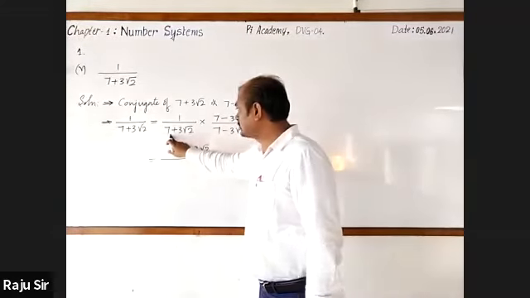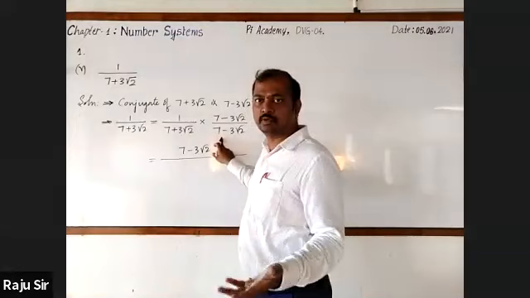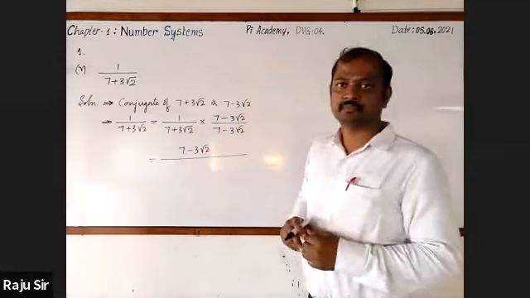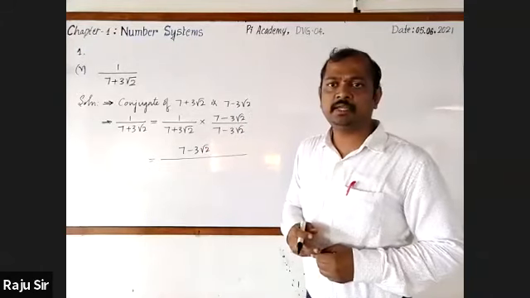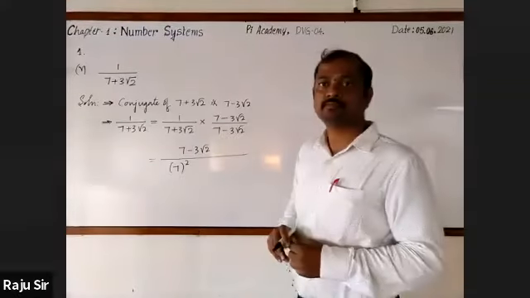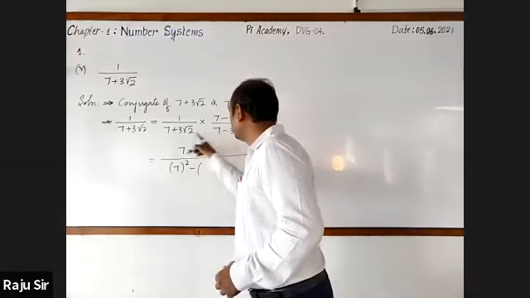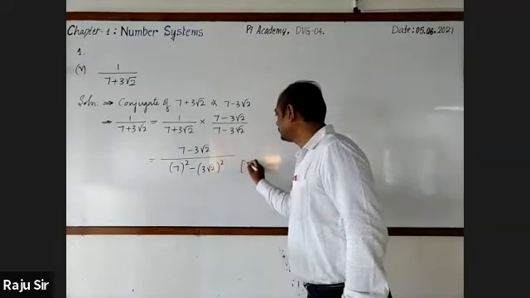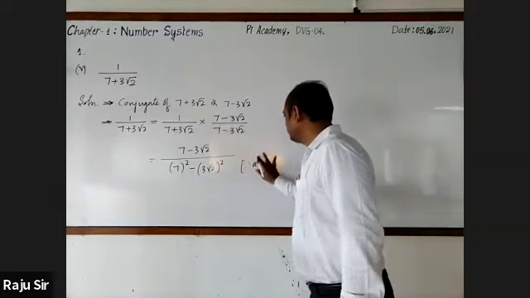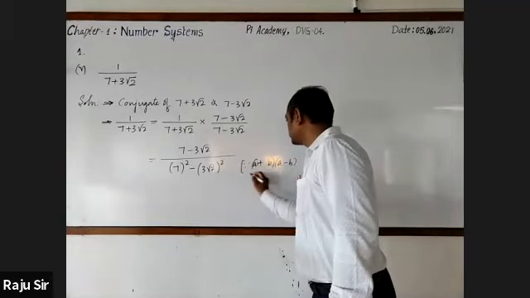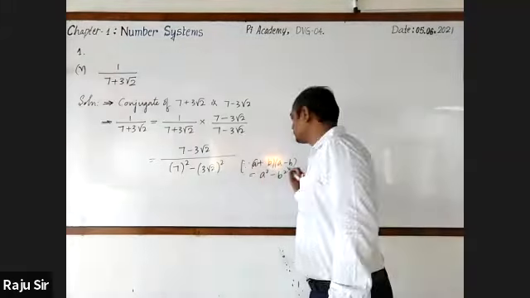Denominator: observe, on multiplying these two, they are in the form a plus b into a minus b. A plus b into a minus b is a square minus b square. So 7 whole square minus 3 into root 2 whole square. Here you may give the reason as a plus b into a minus b equals a square minus b square.